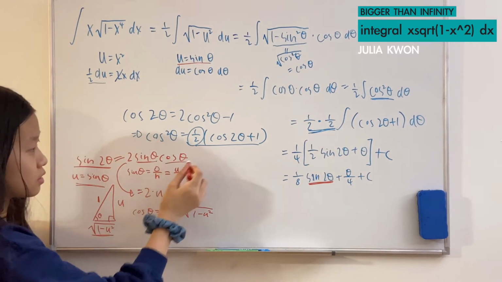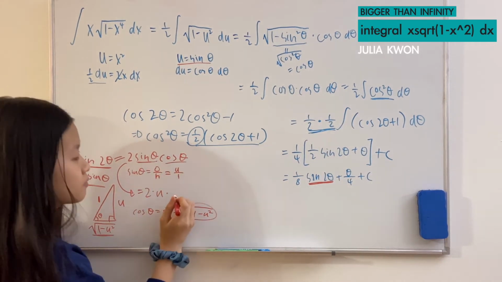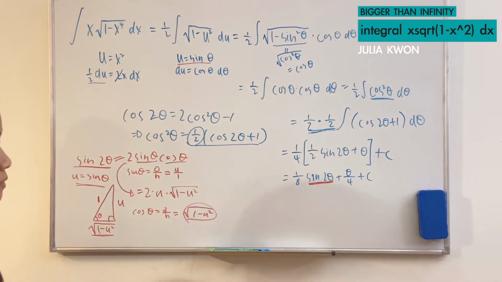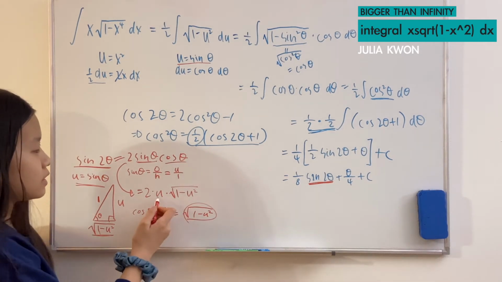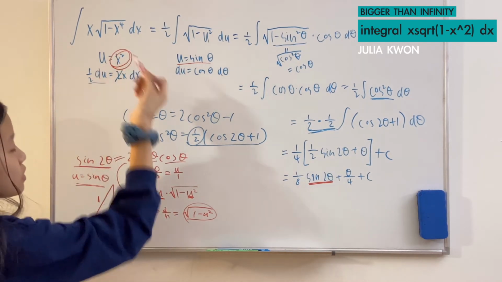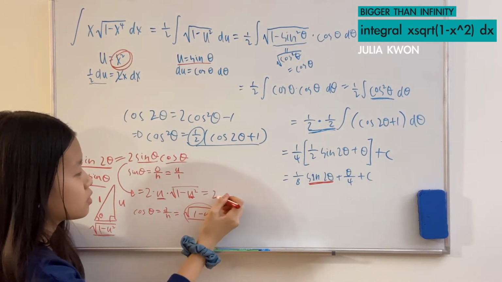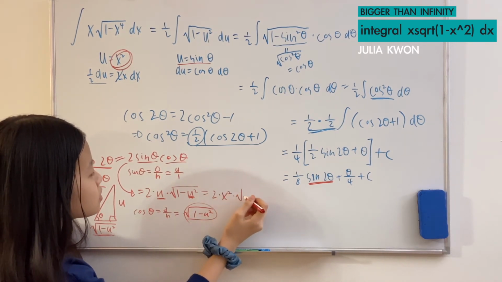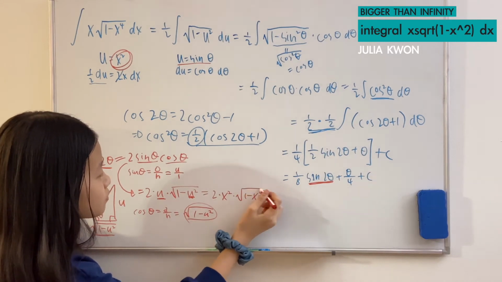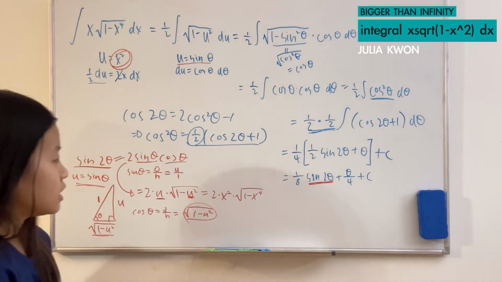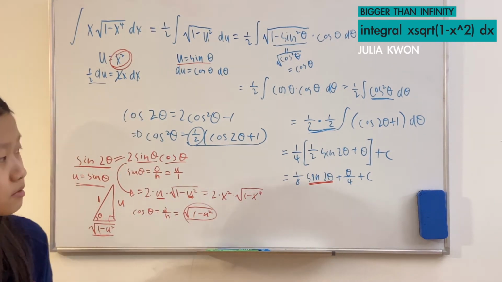So we'll just replace the cosine theta with what we have here, the square root of 1 minus u squared. And so now we have to replace the u with x squared, because u is equal to x squared. So we'll just have 2 times x squared times the square root of 1 minus x to the power 4. Finally we changed the sine 2 theta in terms of x.